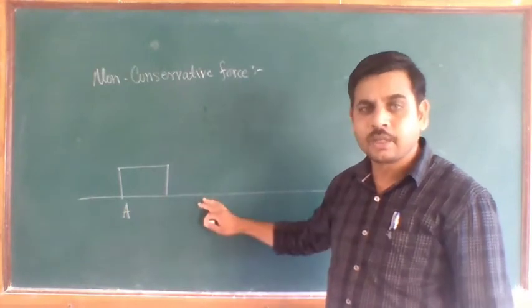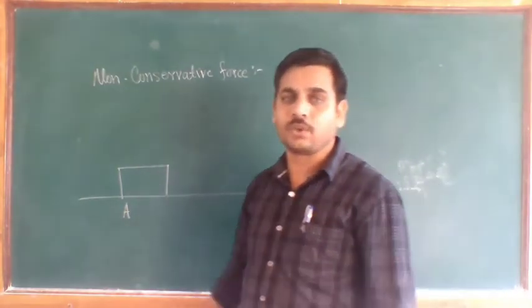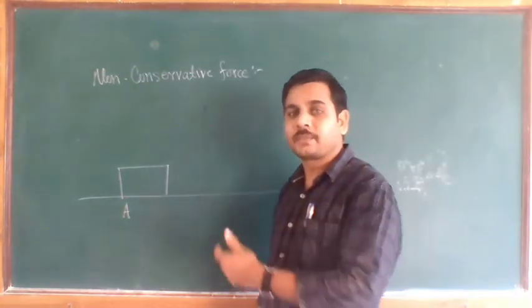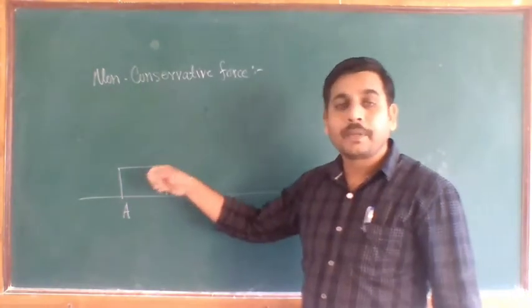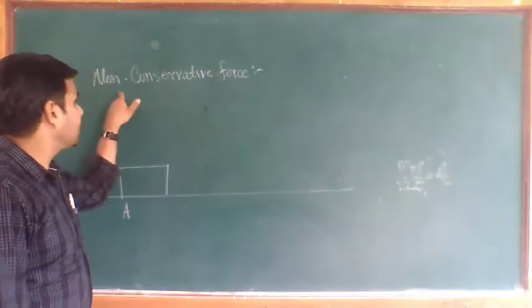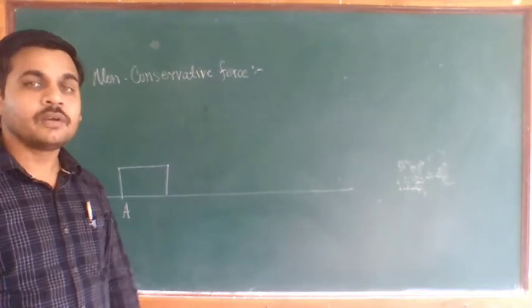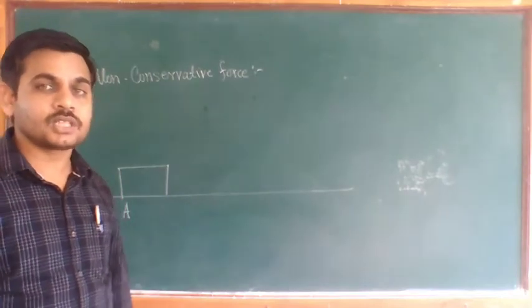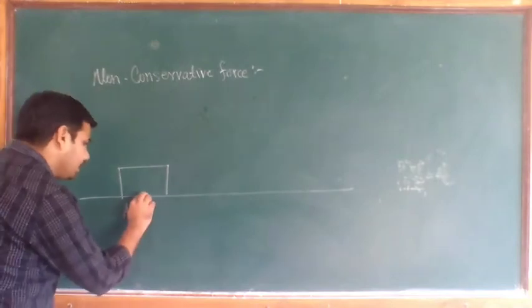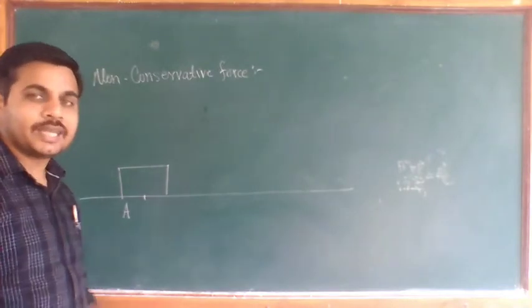If it is rough, then there is more frictional force. If you consider a smooth, frictionless surface, then the frictional force is very small. Now to check the non-conservative system, we are considering the rough horizontal surface, with one block at position A.